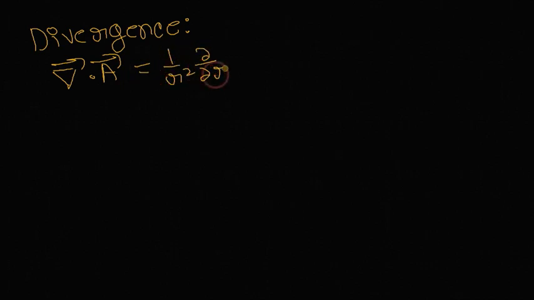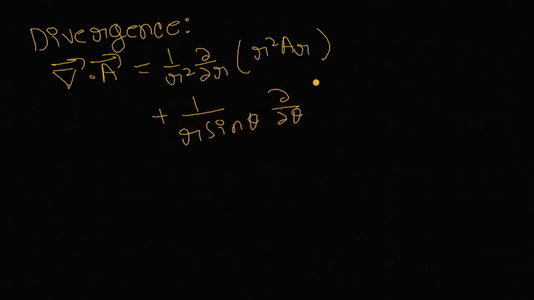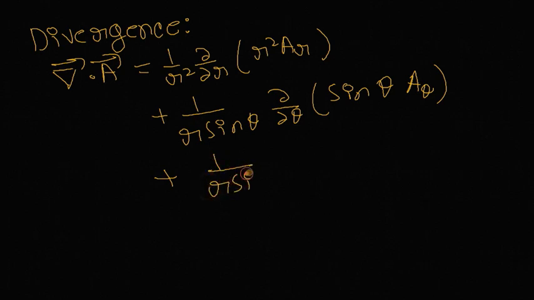If we take the divergence in spherical polar coordinate, the formula for it is 1 by r square del by del r of r square A_r plus 1 by r sin theta del by del theta of sin theta A theta plus 1 by r sin theta del A phi by del phi.